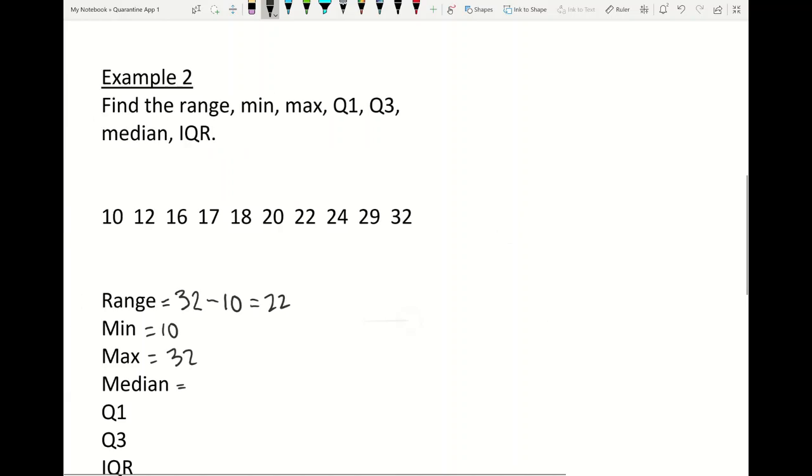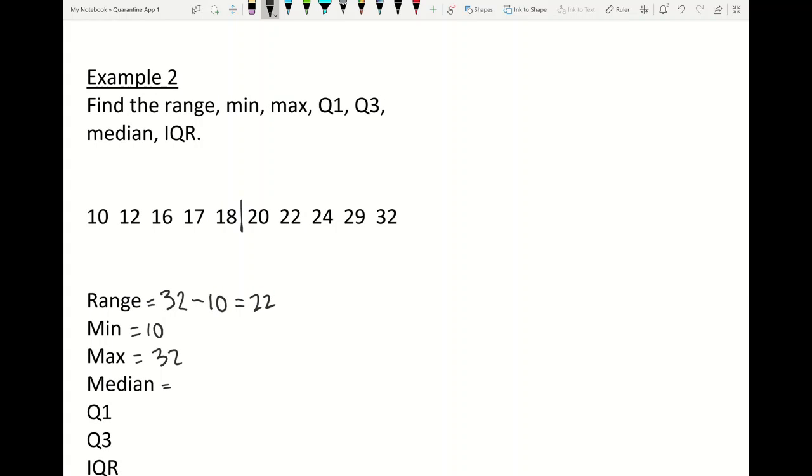So the median is right here, between the 5th and 6th numbers, which we don't have, so we need to create a median number, which is the average, or the mean, of 18 and 20. So 20 plus 18 divided by 2 is 19. So the median is 19.